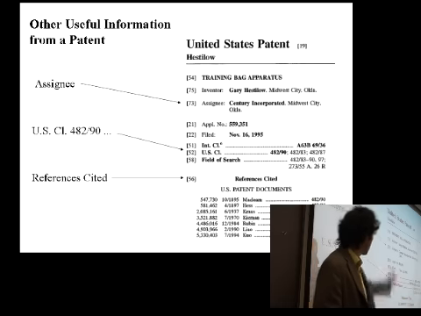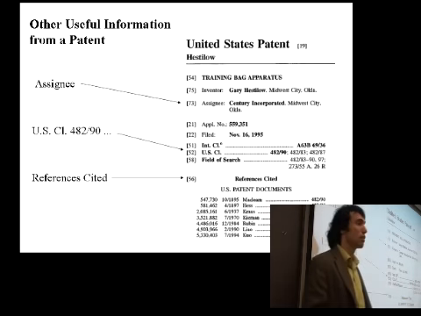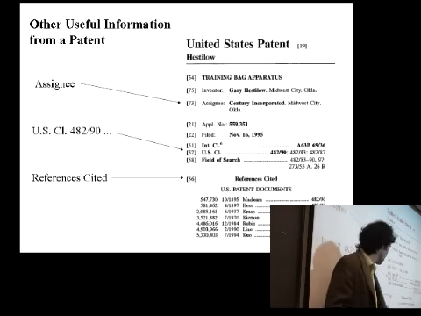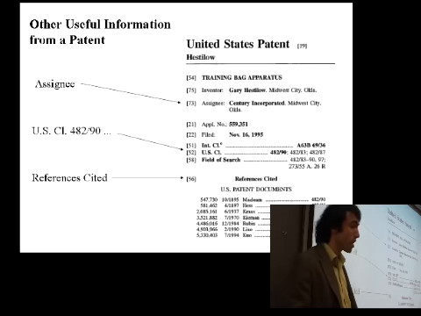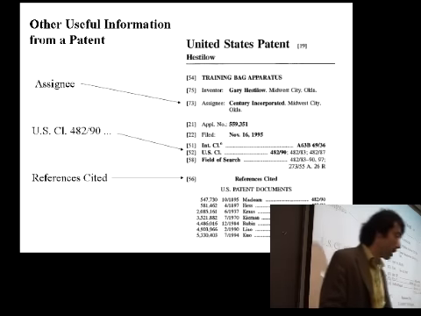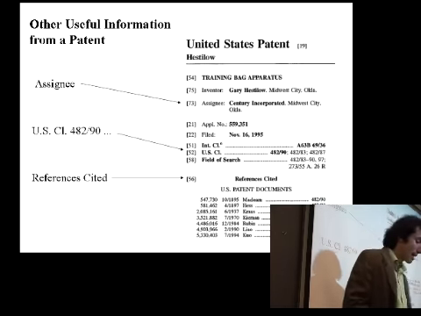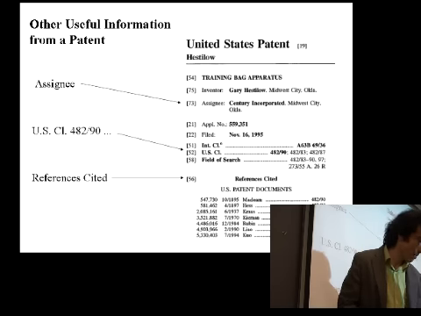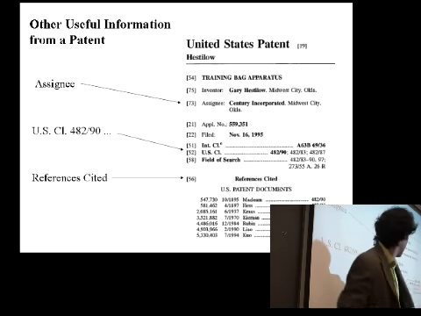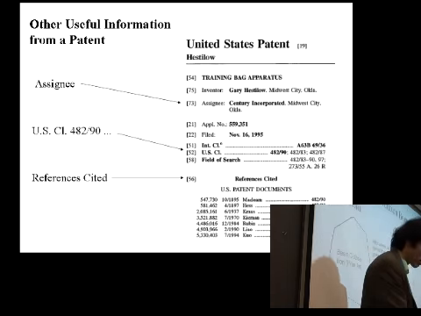So it's sort of like, by finding this, another search has been done for you, and you can click on some of these and see what they say. So you get those three pieces of information: classes and subclasses, assignee if somebody owns this, and other related patents. So it's a pretty cool thing, and especially on the web, because then you can just click on these and read those as well.